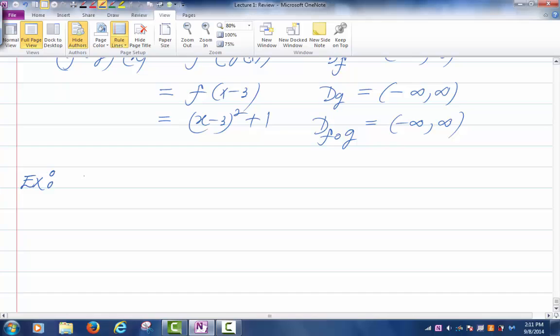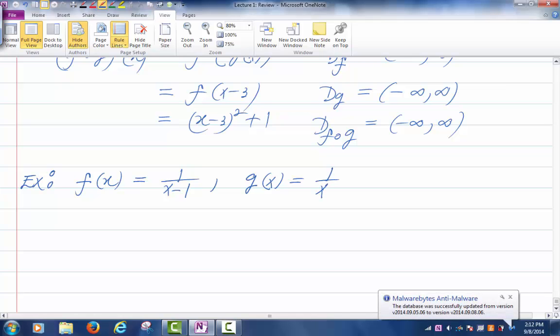Okay, so another example. Let's say I take the function f of x to be 1 over x minus 1, and I take the function g of x to be 1 over x. Now, in this case, what is this composition of f and g?